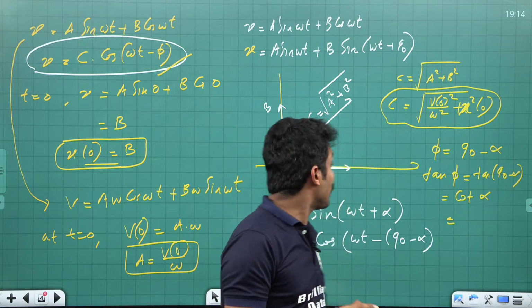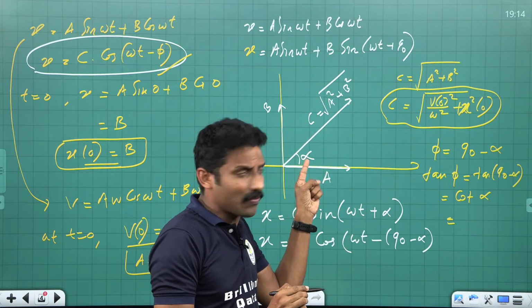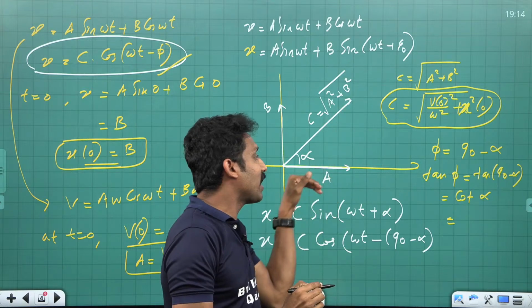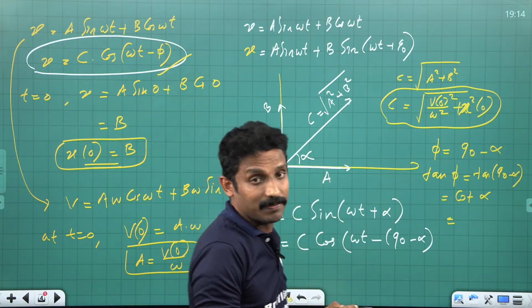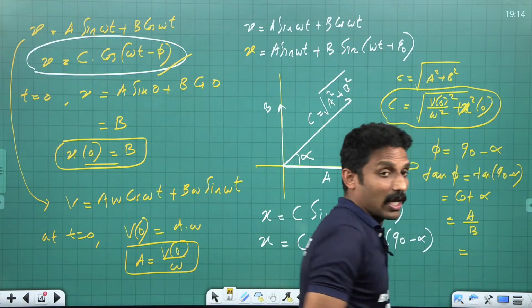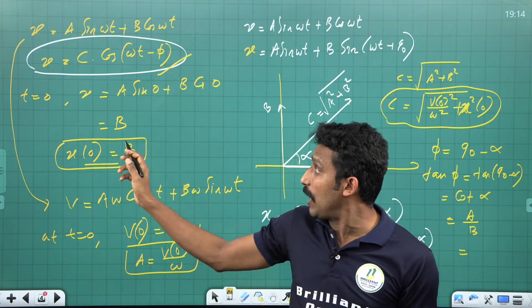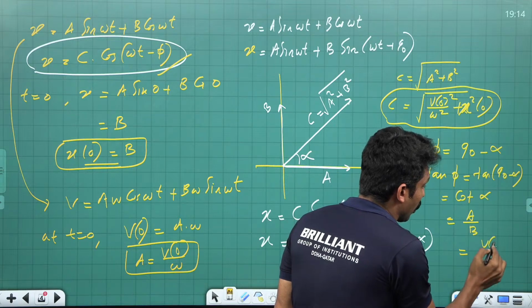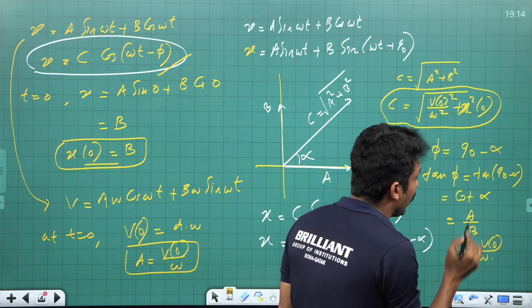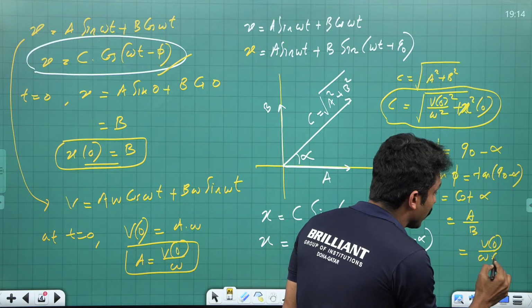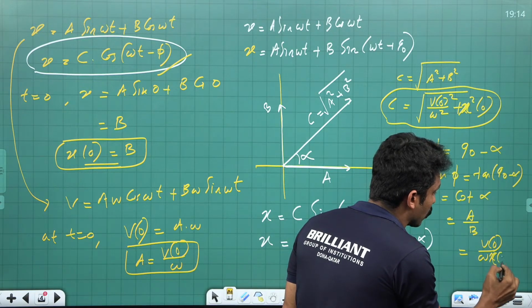Now from this graph, tan alpha is b by a, which means cot alpha is a by b. Cot alpha is a divided by b. And the A value is v0 by omega, and B is x of 0.